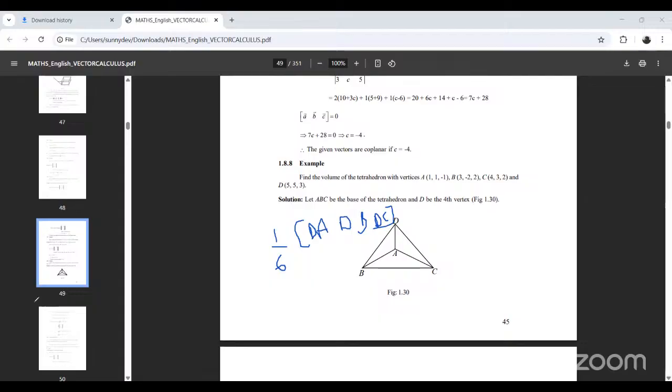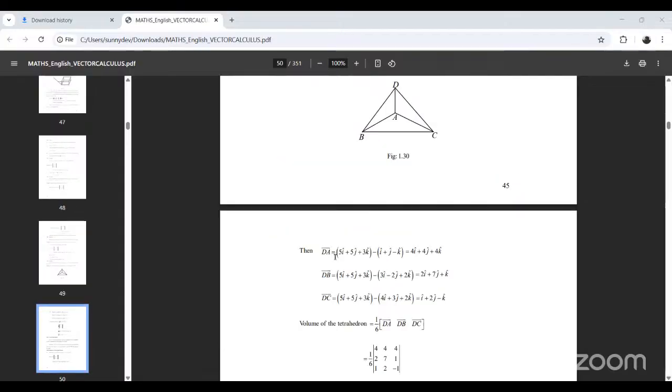First we write the position vectors. dA means OD minus OA, dB is OD minus OB, and dC is OD minus OC. So the volume of the tetrahedron is 1 by 6 into the bracket of dA, dB, dC.